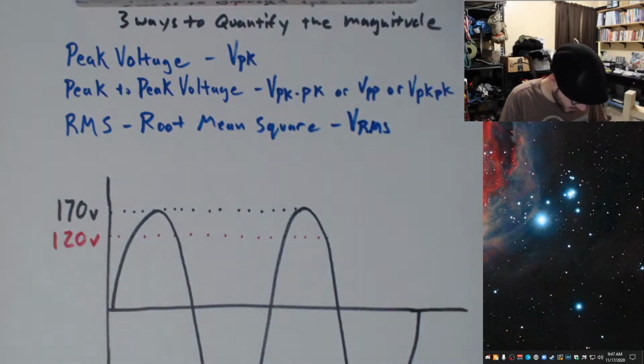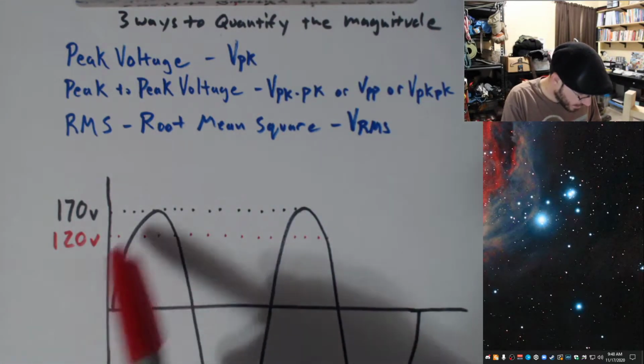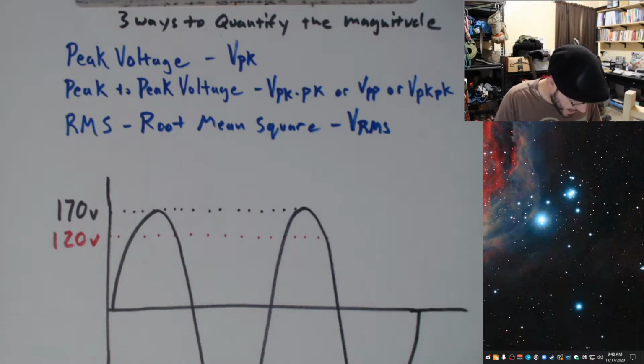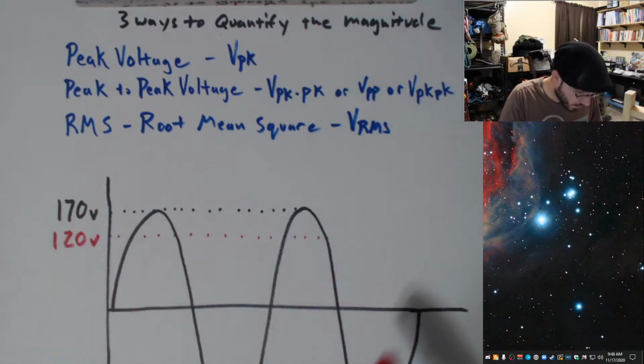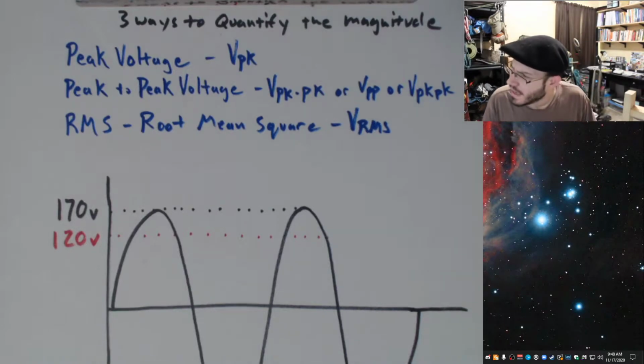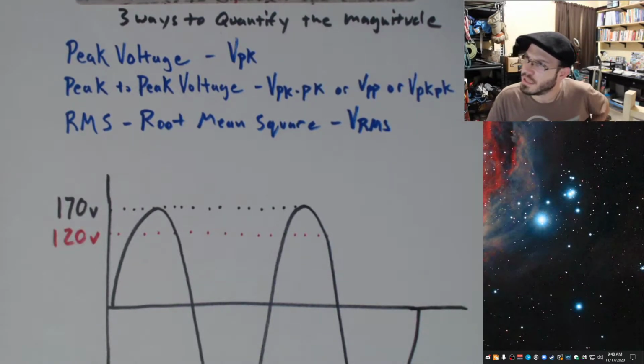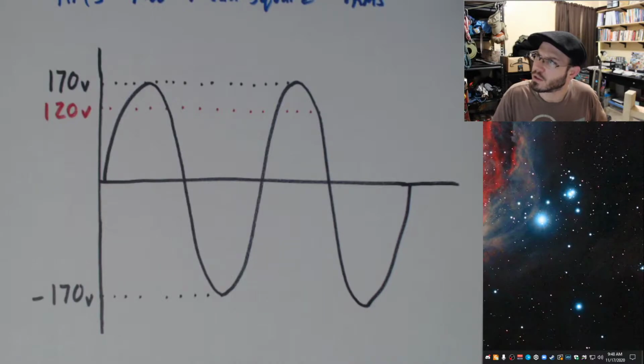Why on earth are we going to be talking about the magnitude of this AC voltage as being somewhere around here? Whoa, that's weird. But it goes up to 170 volts. Here's the problem with peak voltage and peak to peak voltage.